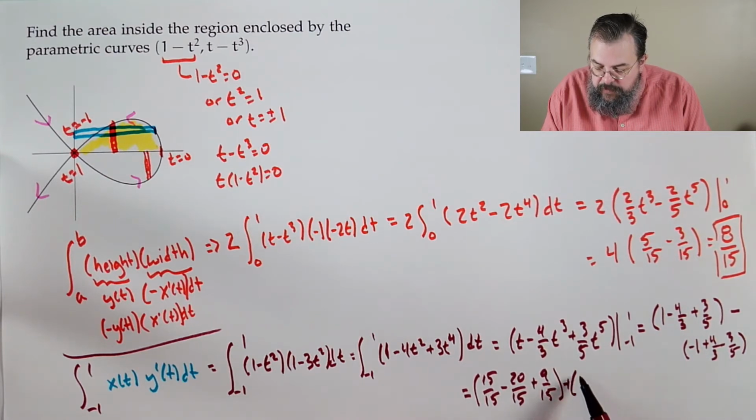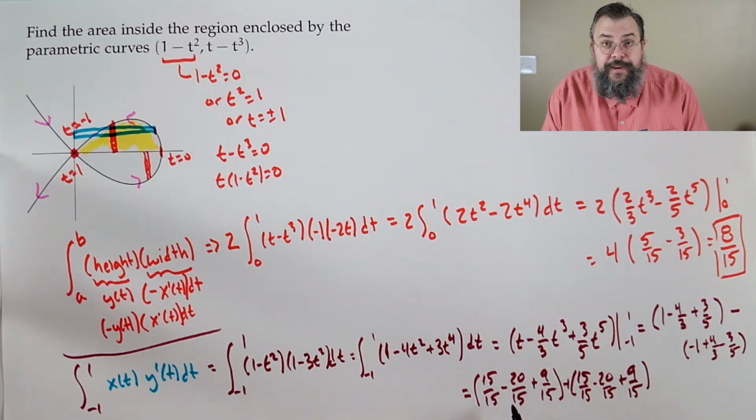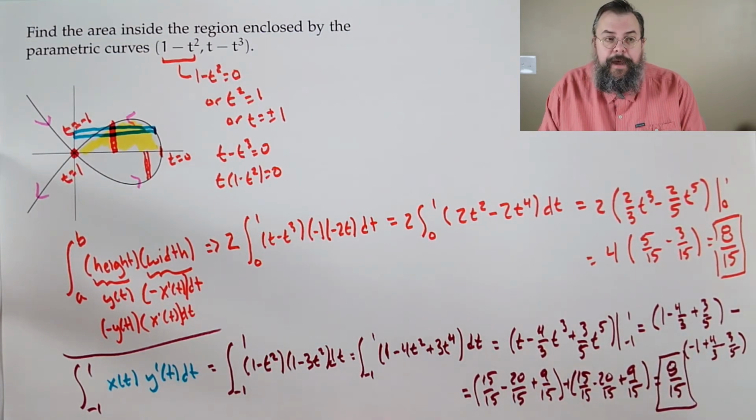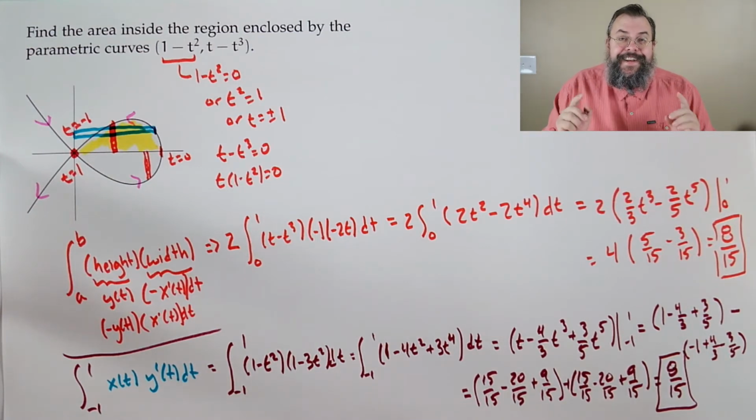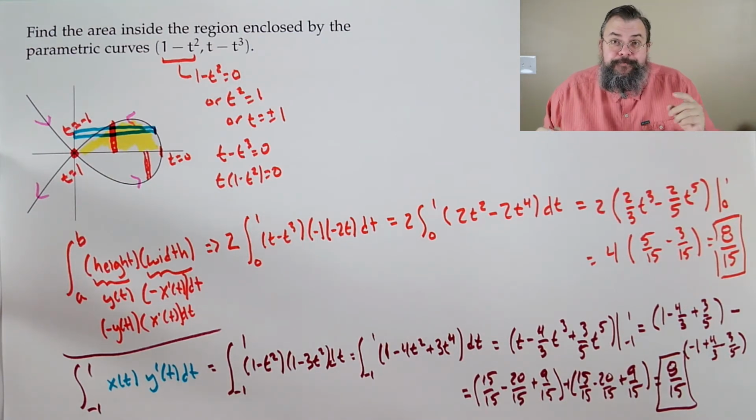So plus, same thing. 15 15ths minus 20 15ths plus 9 15ths. And 15 plus 9 is 24. Subtract 20 is 4. You get the same thing here, leaving us with 8 15ths. The same answer.